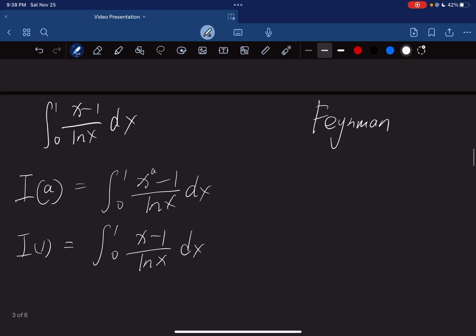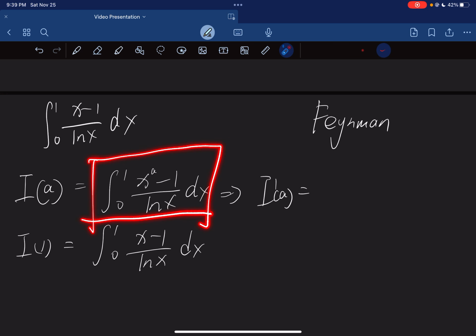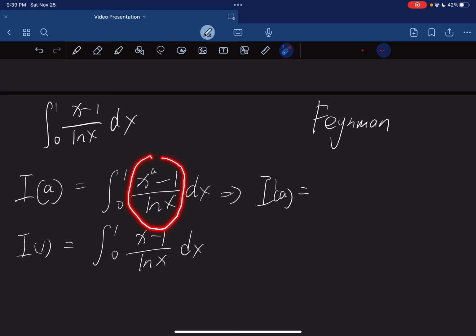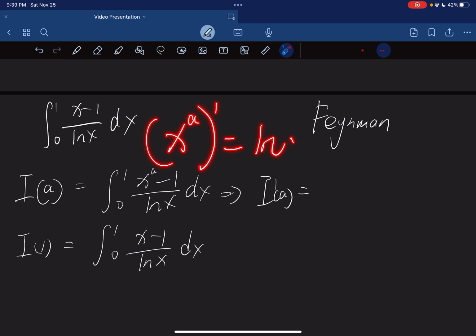And now we differentiate the I(a) equation. So how can we find the differentiation of the function? We should differentiate the inner equation of the big equation. As we mentioned before, this one's derivative is ln x times x power a. So this equation is with respect to a.